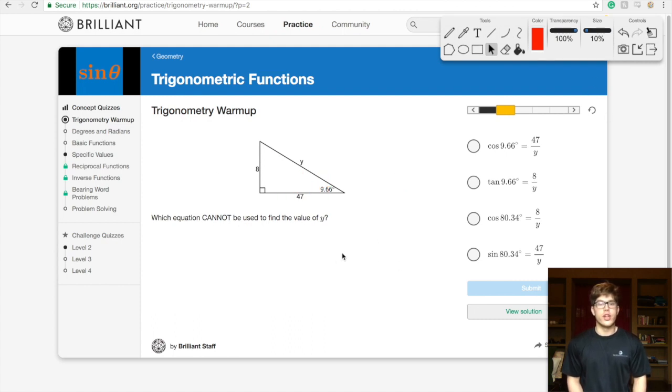Which equation cannot be used to find the value of y? All right, so here's y. What would it be? Well, let's look at 9.66. To look for y, which is the hypotenuse, again, let's write down SOHCAHTOA.